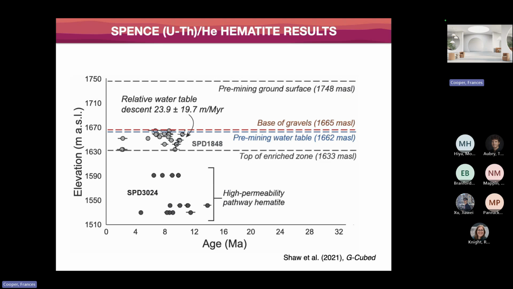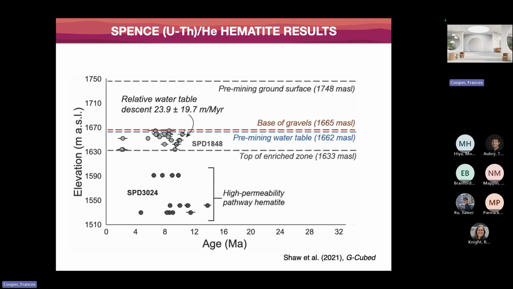We think some of these deeper samples are from high permeability pathways where maybe we had fractures going quite deep that were allowing precipitation much deeper. The majority of the hematite, which is forming within the leach cap, started precipitating more like 10 million years ago.